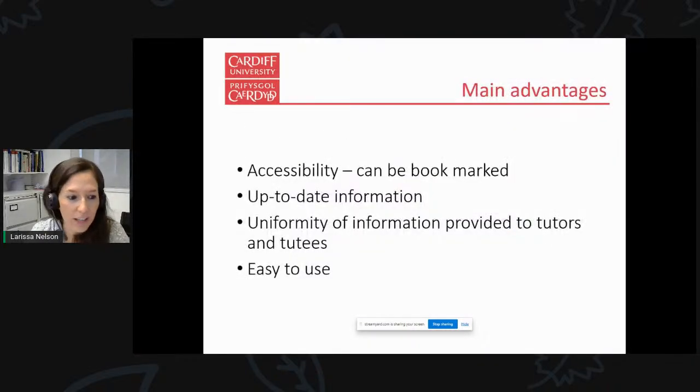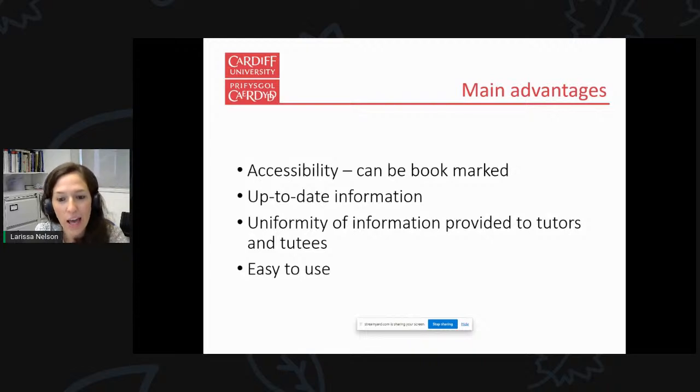So the main advantages of this toolkit are that it is a web page, so it can be easily bookmarked on a phone, a tablet, a computer, so that they can easily reach and access the page for up-to-date live information. We've been able to provide uniformity of information to the tutors, which then helps to trickle down to the tutees.